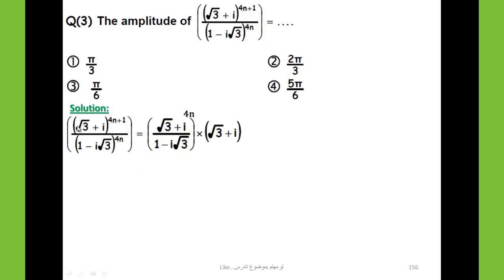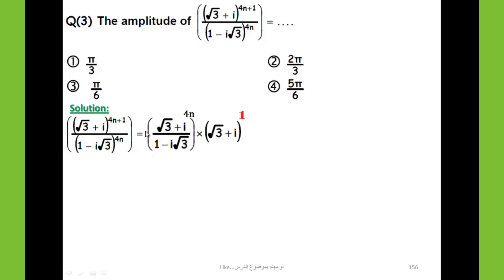Note here that root 3 plus i power 4n plus 1 is the product of root 3 plus i power 4n multiplied by root 3 plus i. As you know, when you multiply, we add powers. 4n plus 1, 4n plus 1.